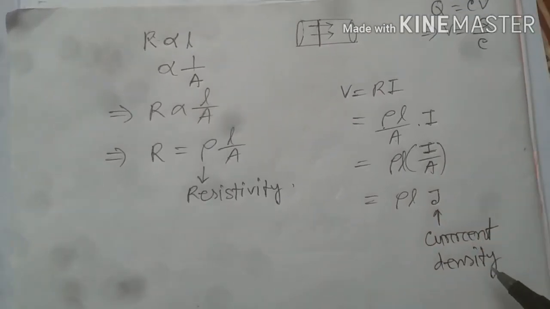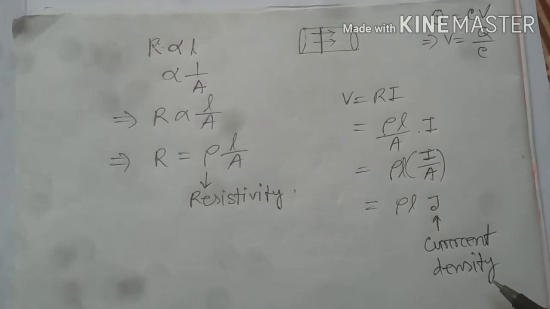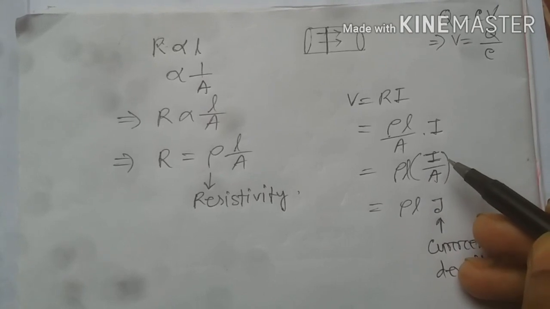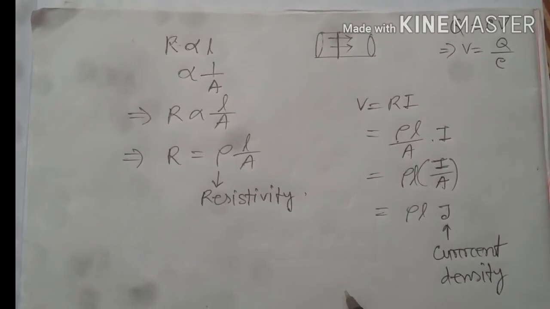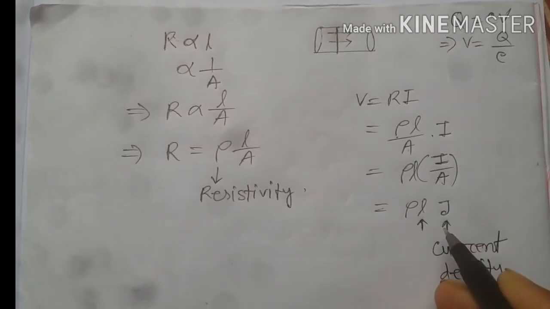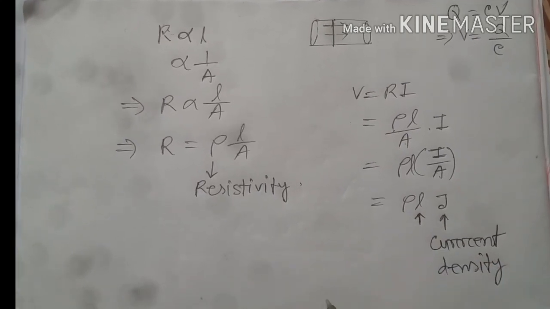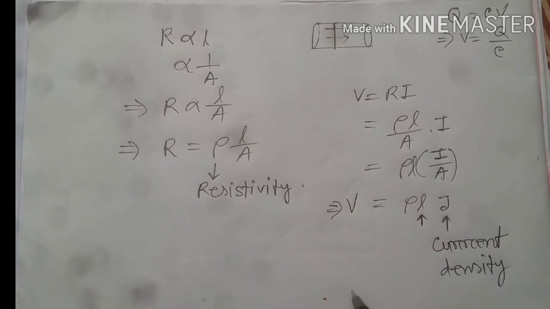Generally density means something divided by volume, but in case of current, it is divided by the cross section area of the conductor. In this equation, L is the length of the conductor and rho is the resistivity.